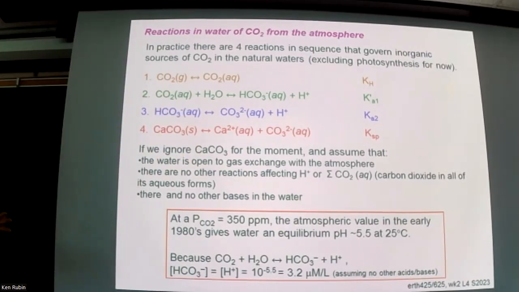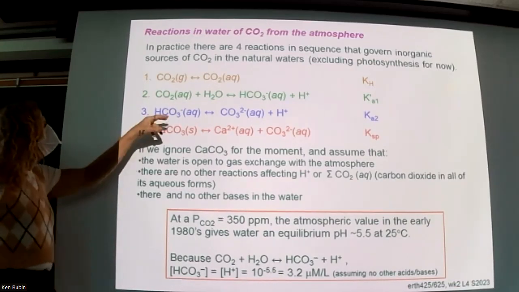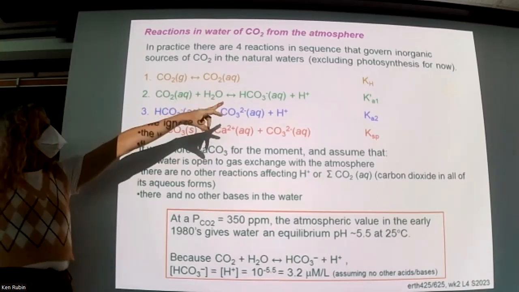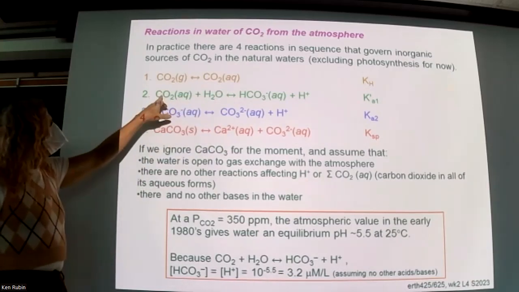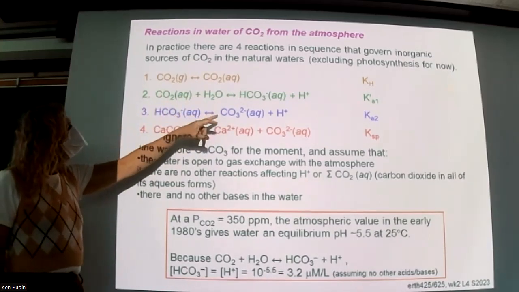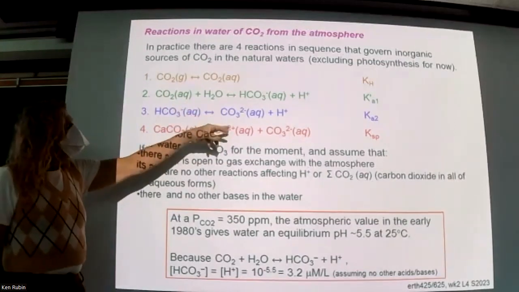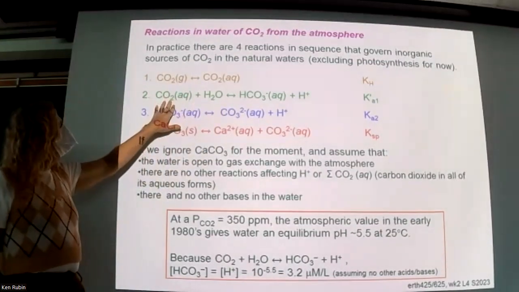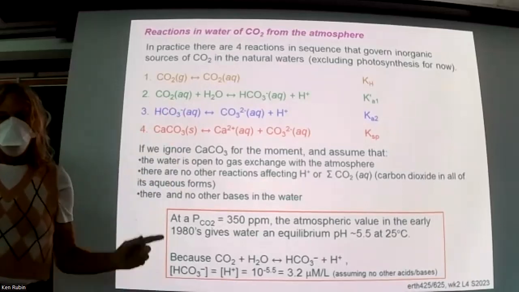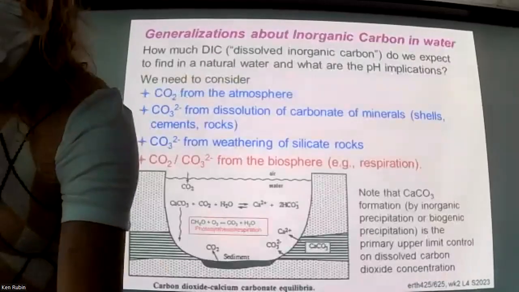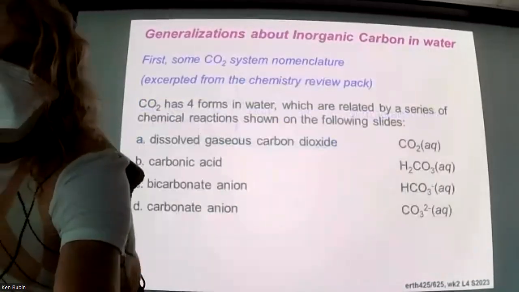Does everyone remember Henry's law from somewhere back in the day? Okay. So that has an equilibrium constant, which I've abbreviated KH. We also have this first dissociation, which is basically the taking apart of CO2. If you recall, there's this intermediate, excuse me, let me go back to here.